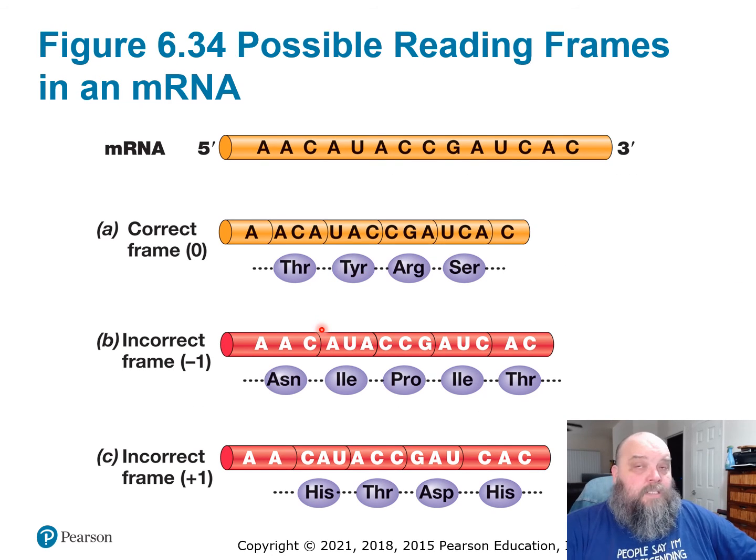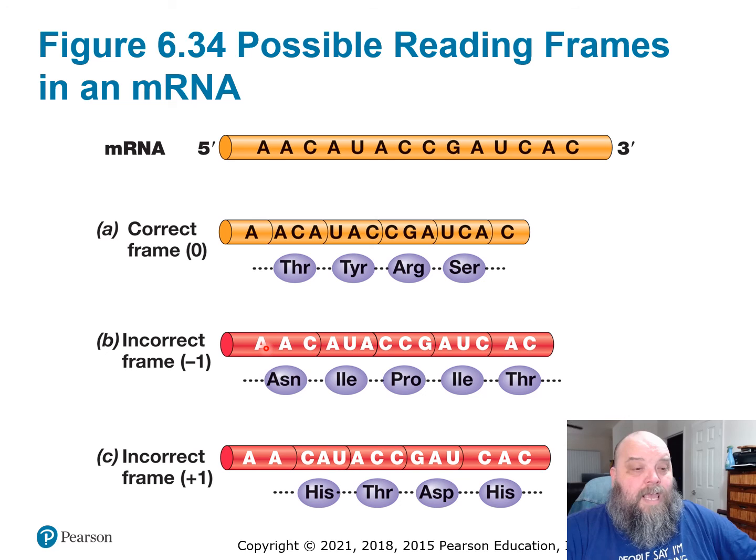And it's very important that everything gets positioned correctly, because here is a very basic figure, but it really shows you what's happening. The correct reading frame, ACA, is where you start. ACA, UAC, blah, blah, blah. Threonine, tyrosine, arginine, serine.